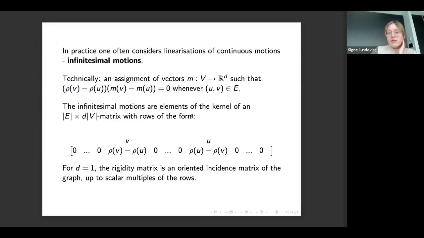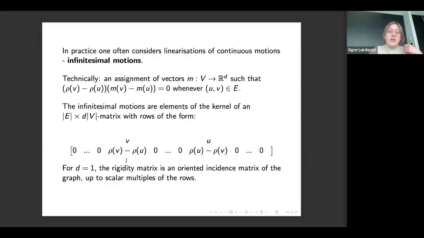And the infinitesimal motions are elements of the kernel of an E by dV matrix. It's actually the Jacobian of a quadratic system of equations. And it has rows of this form, so the row corresponding to an edge is non-zero only in the d columns corresponding to the vertex v, and the d columns corresponding to a vertex u.